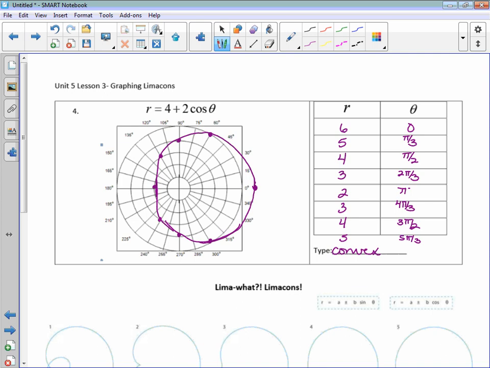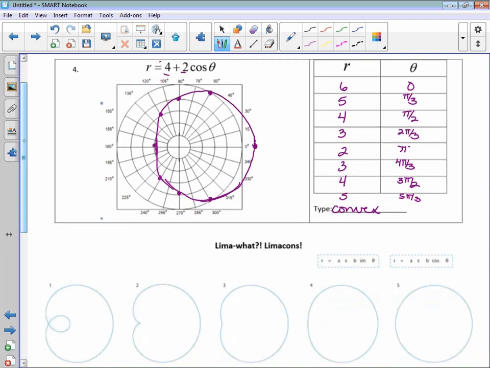So those are the 4 types of limaçons. The way you can tell quickly what the shape should be is all related to these numbers here, like this 4 and this 2. Do you see down here these 2 little equations? R equals A plus or minus B sine of theta, and R equals A plus or minus B cosine theta.